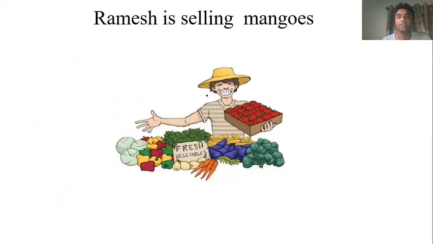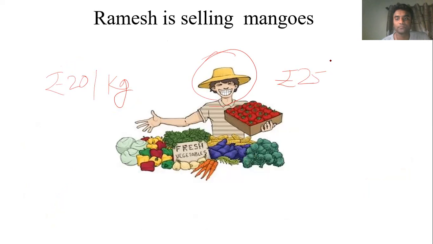Consider another example in which Ramesh is selling mangoes. Now why would he sell mangoes? So this is what the general question is. Suppose Ramesh purchased mangoes for rupees 20 per kg and is selling mangoes at a price which is 25 per kg.